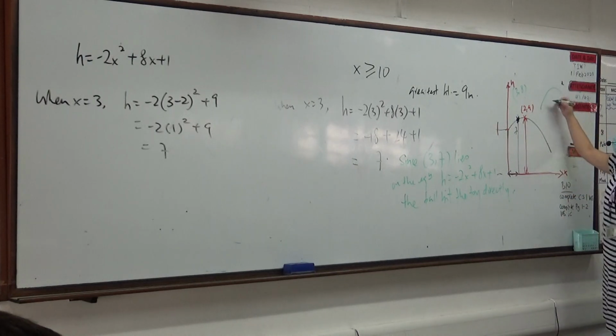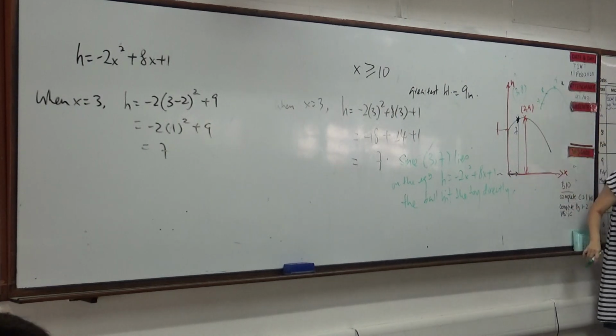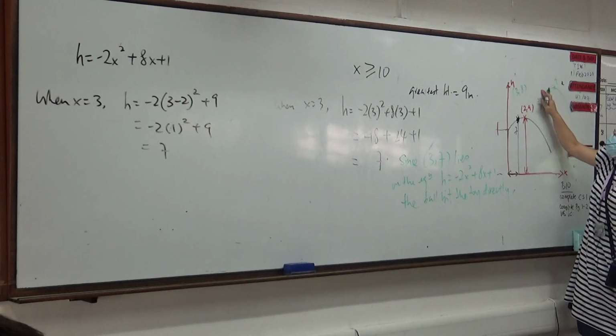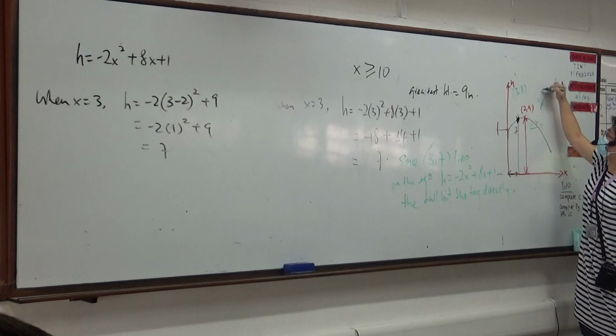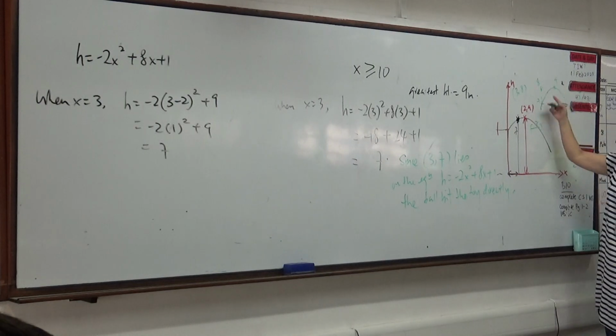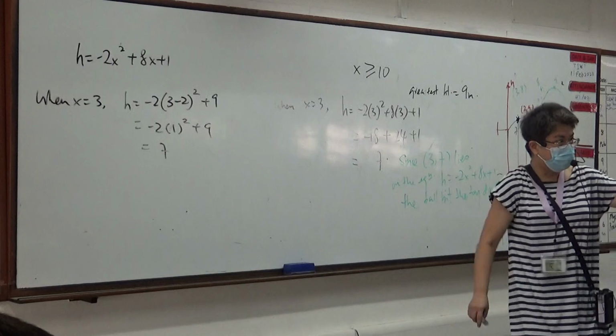Not much difference. I draw bigger. This is 7, this is 8. So since 8 is higher than the curve at x equals 3, it will not hit. It will miss it. Everybody understand? Okay, so this is your example 11.